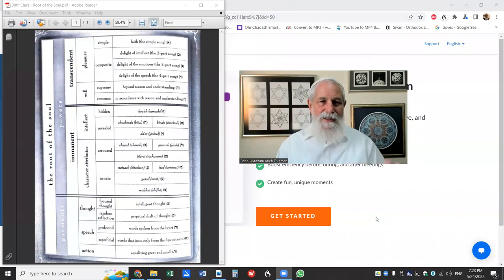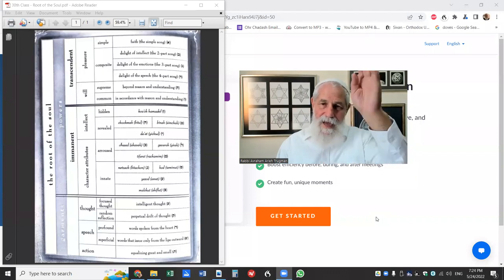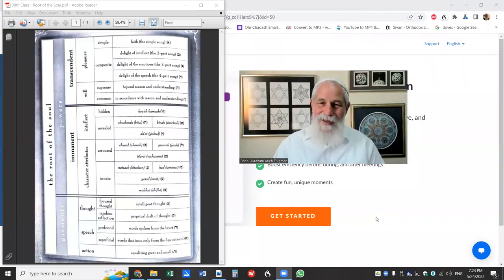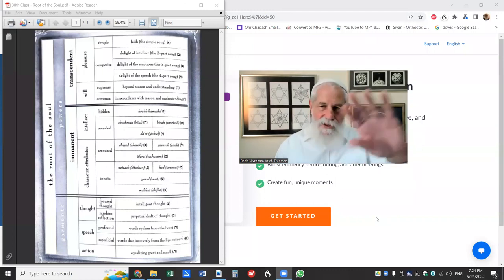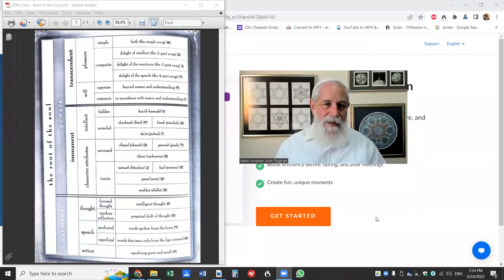So again, just in simple terms, there's a pleasure that's directed inward or Godward, and there's a type of pleasure that is manifest by relating to the world. Again, this is a survey that we're doing tonight. So the next one of the transcendent powers of the soul is will, which of course is ratzon.